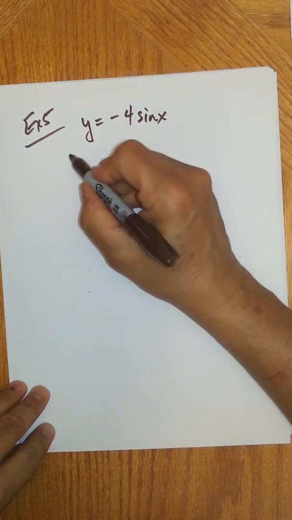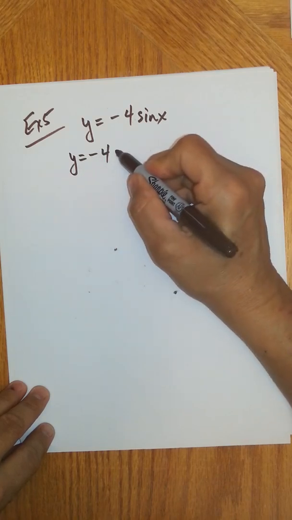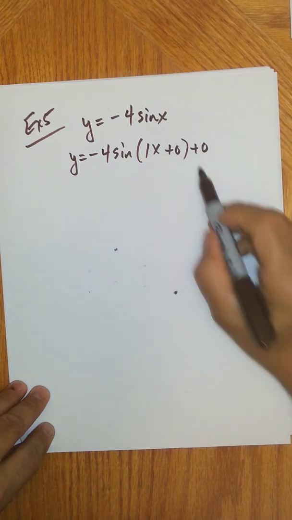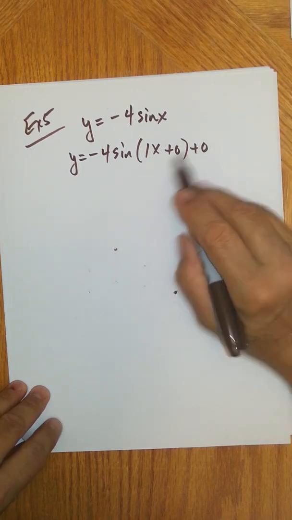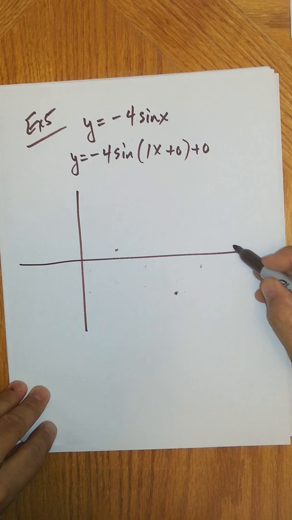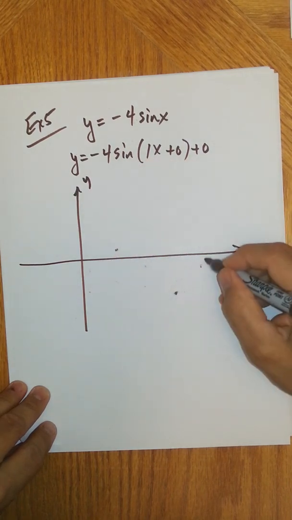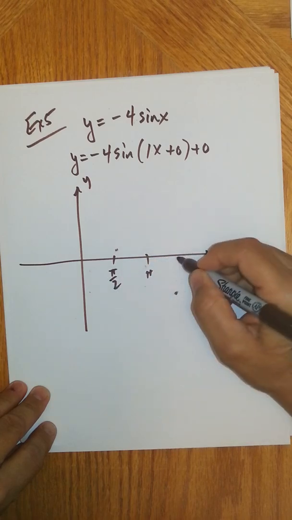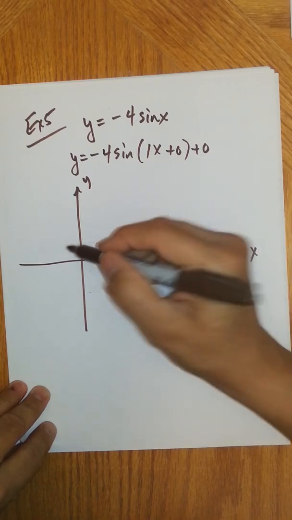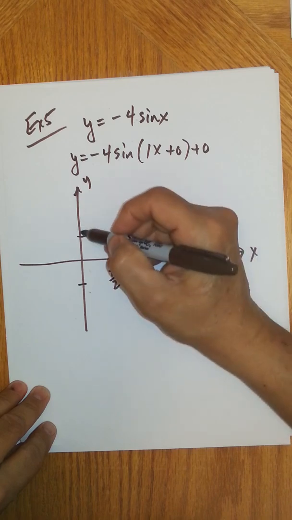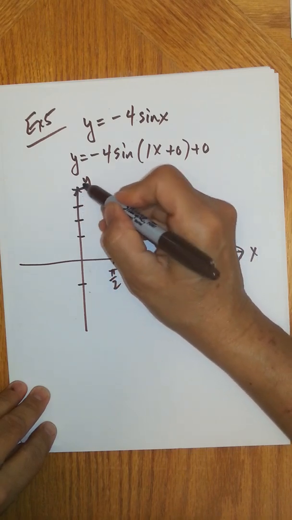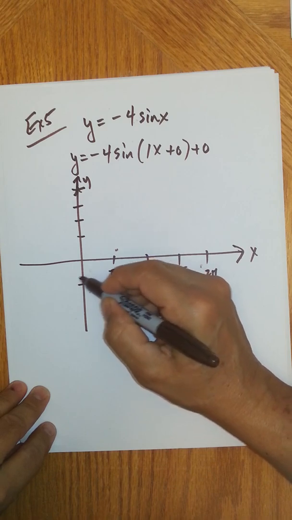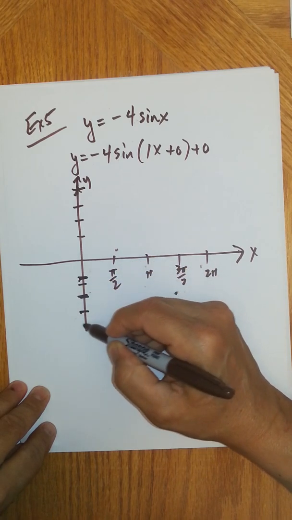If I write this in the standardized form, no horizontal change, no change in the axis, but instead of going up 1 and down 1, now I'm going to go 1, 2, 3, 4.